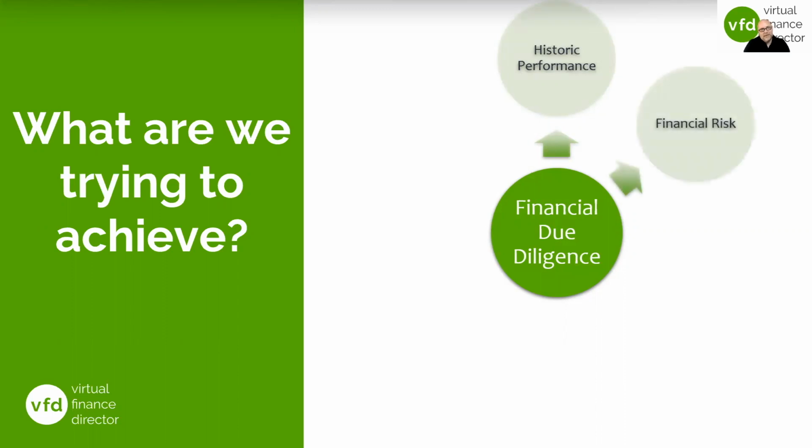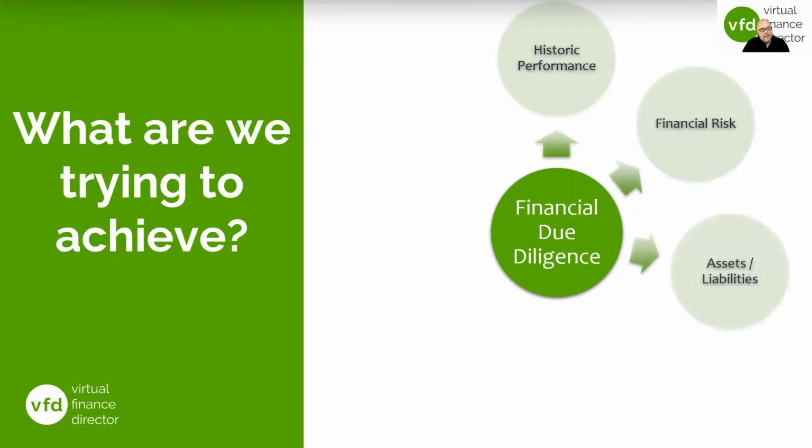We want to understand whether there's any inherent potential financial risk. Again, I'll go back to the point, this is financial due diligence. There's a lot more due diligence that goes in place from a legal perspective, from an HR perspective, but this is from finance. So we want to understand whether there are any inherent potential financial risks.